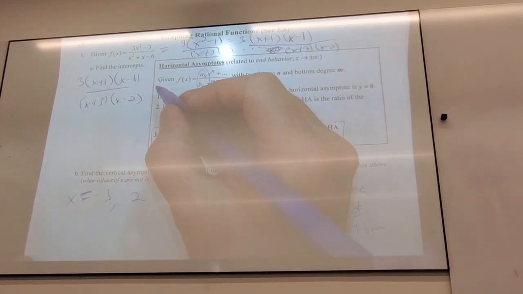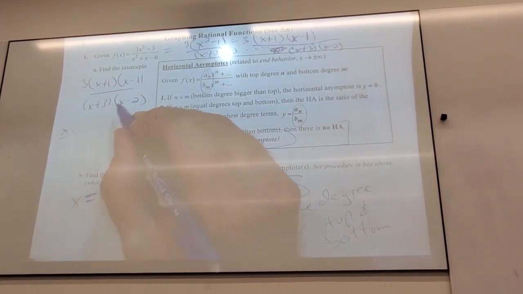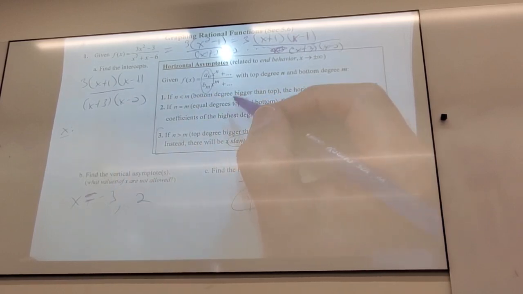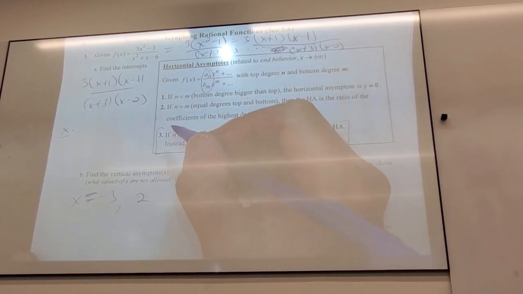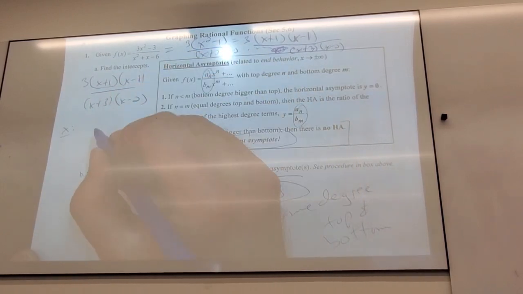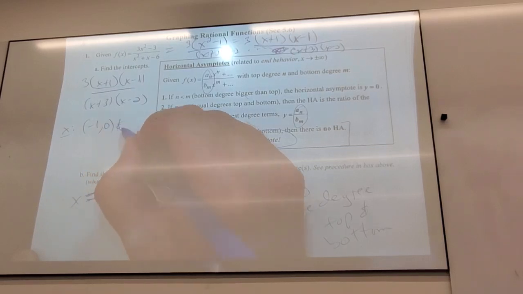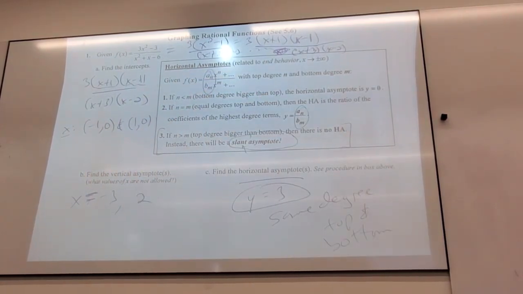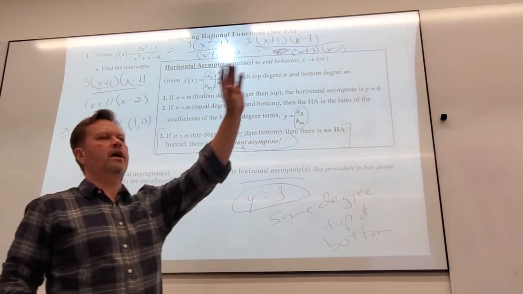Now, real quick, up here, could somebody tell me the x-intercepts remarkably quickly? No, careful. What makes this 0? Negative 1. And 1. So again, x-intercepts come from letting the function output be 0.